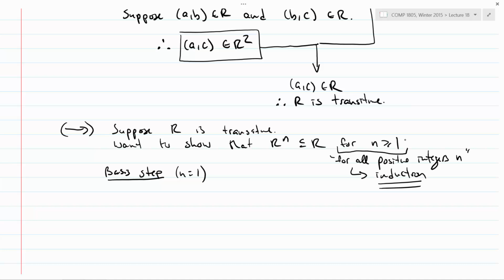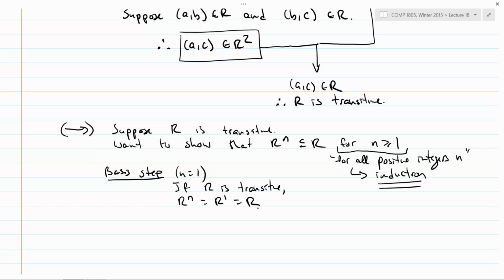All right. So if R is transitive, well, R to the n is just R to the 1, which is R. So this is really asking me to prove if R is transitive, then R is transitive.